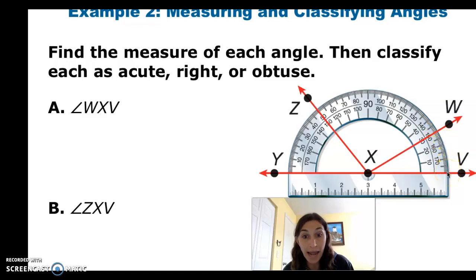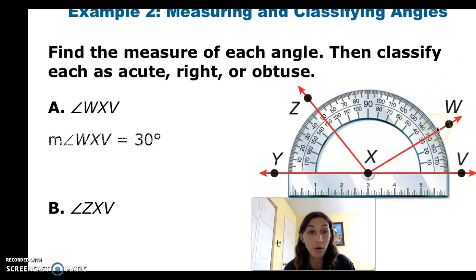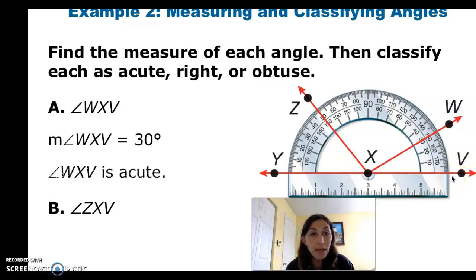So I want to do 180 minus 150 to give me a 30-degree angle. Okay, so I know that this angle here is 30 degrees. It is not 150 degrees. It is not 180. We want to know the measure in between that. Because that angle is 30 degrees, we know it has to be an acute angle because acute angles are less than 90 degrees.